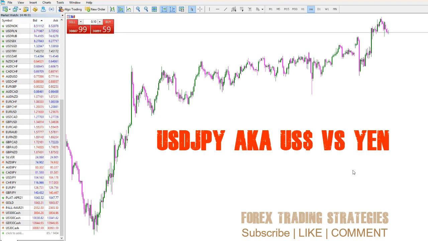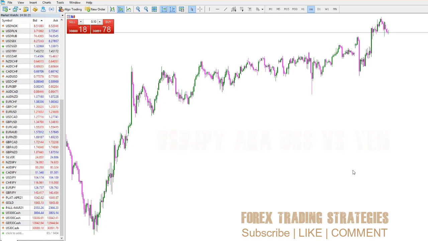So when you're trading the US dollar and the Japanese yen, you're basically trading two strong currencies against each other, where in forex you want to try and find, as much as possible, a strong currency versus a weak currency. So be careful when you're trading USDJPY. You need to understand it, you need to study it if you're getting involved in USDJPY.